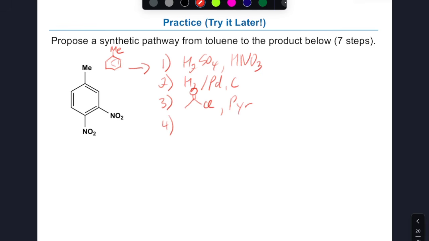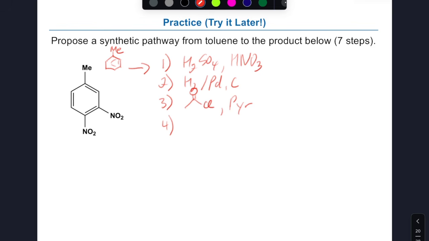What we're going to do is, we have multiple directing groups.